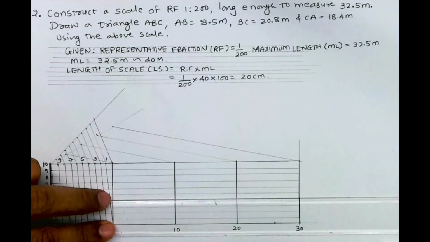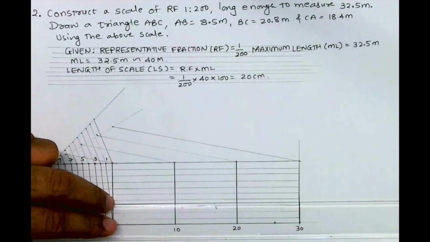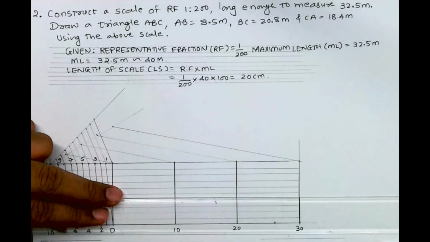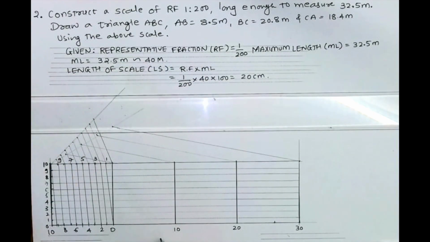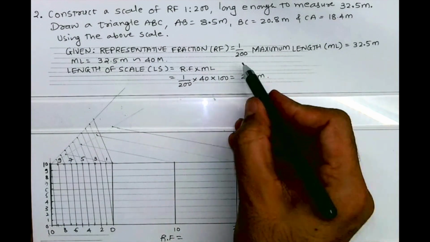I will write meter, meter and decimeter, and RF. RF is 1/200.